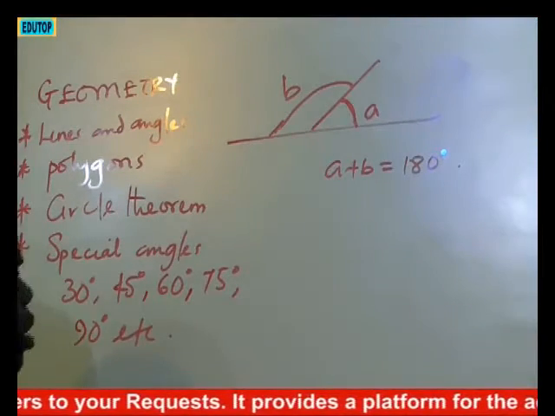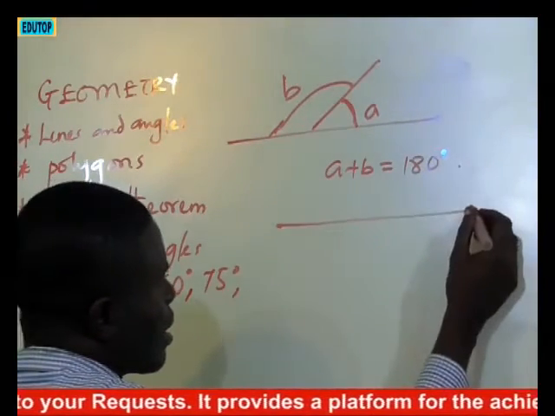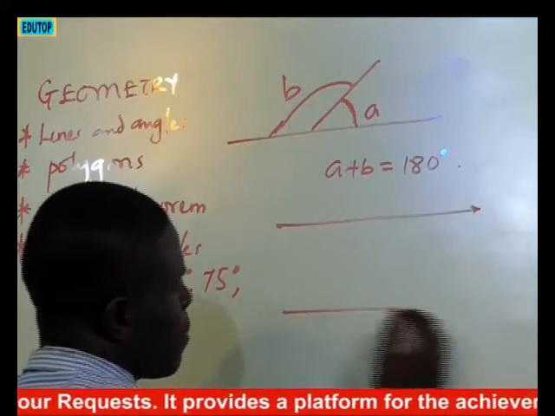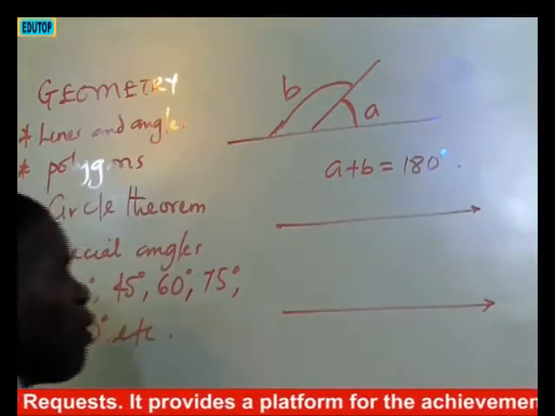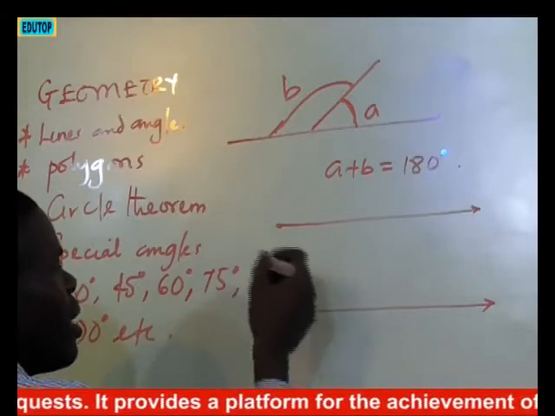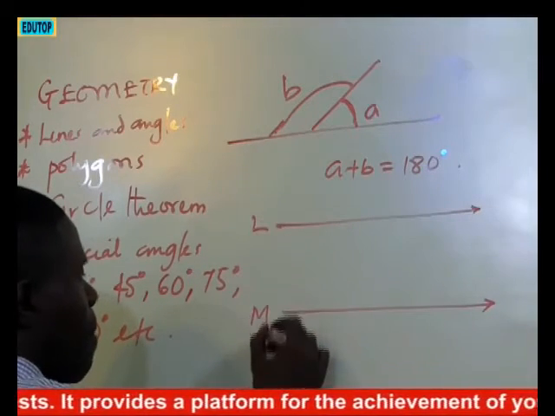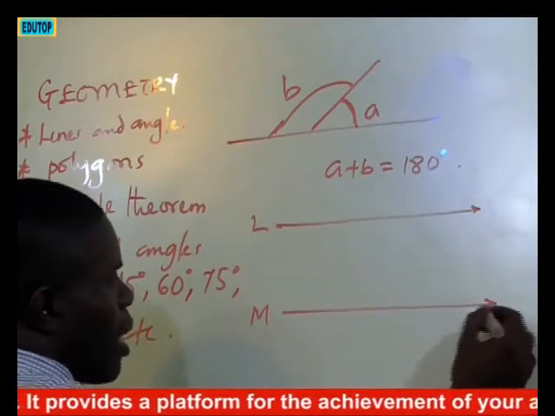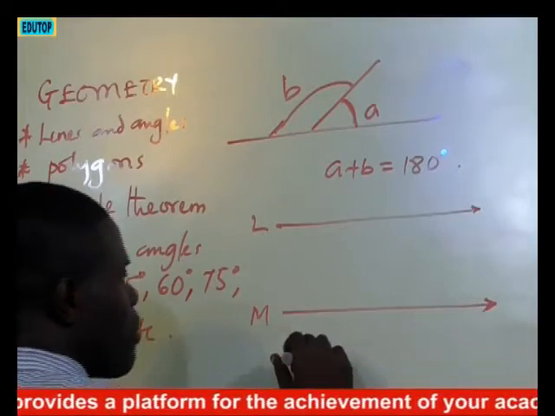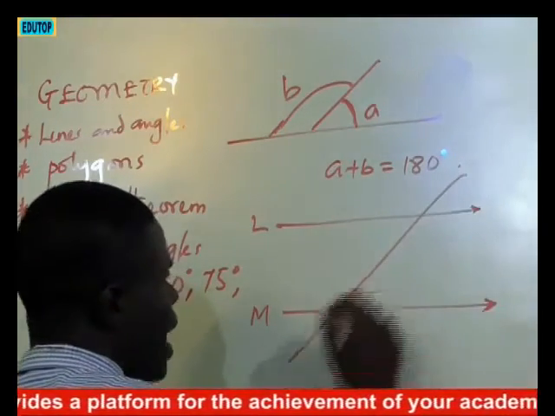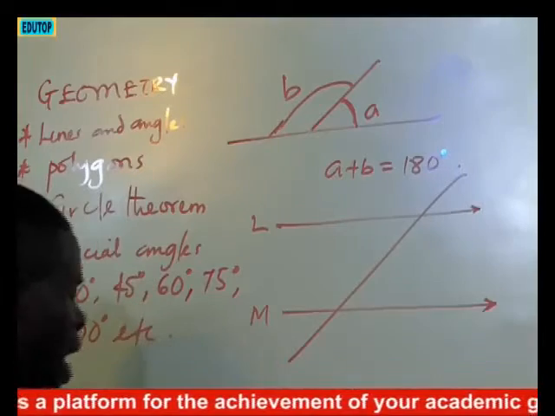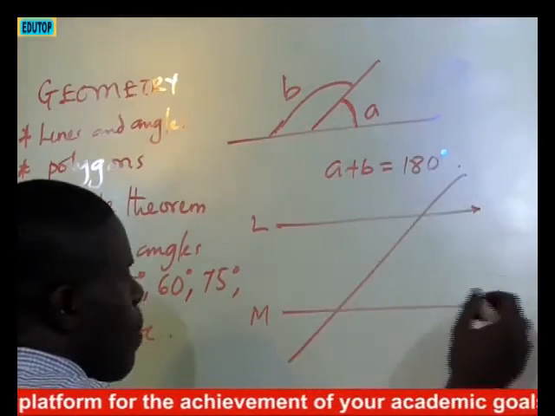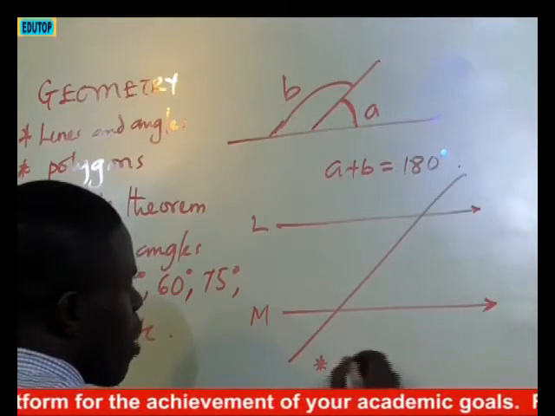Also angles. So when we talk about two lines of this kind, let's say you have L and M, and these two lines are parallel, then you have a transversal. A transversal is a line that is drawn across parallel lines. As long as these two lines are parallel, we need to check out for some angles.